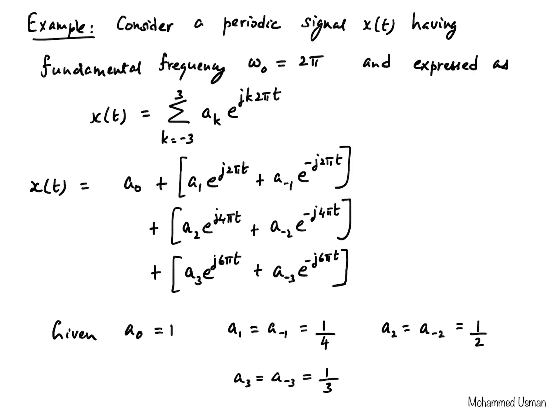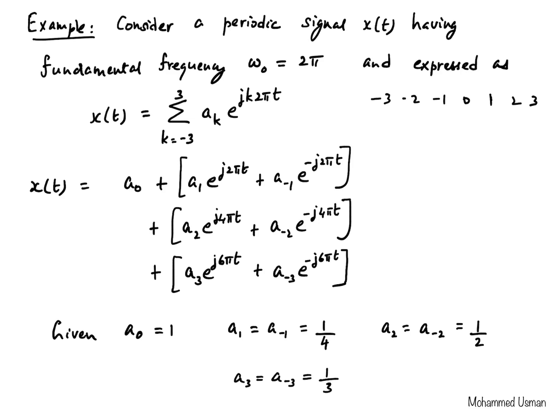So what we do now is we first break down the summation for each value of k. We have values from -3 to +3, so in the middle we have 0. So we have -3, -2, -1, 0, 1, 2, and 3, right?